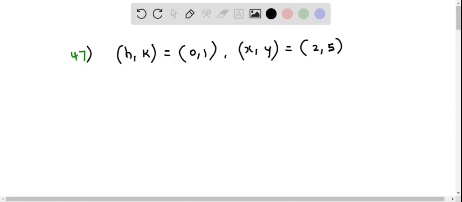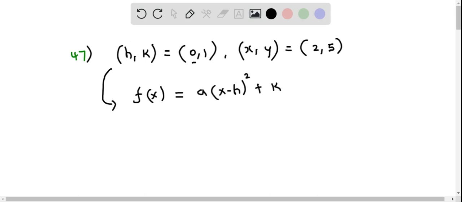Let's do question 47. So here we have (h, k) = (0, 1) and (x, y), that is the point, is given as (2, 5). Once again, we will first use the vertex form of the quadratic function, that is f(x) = a(x - h)^2 + k. So first let's plug in (h, k), that is (0, 1), into f(x).